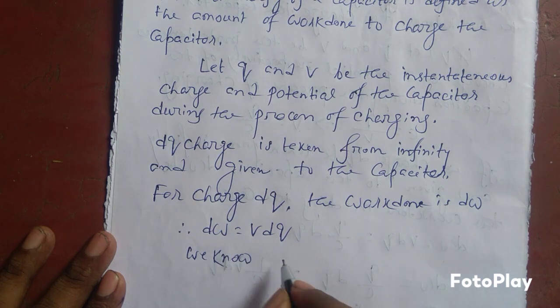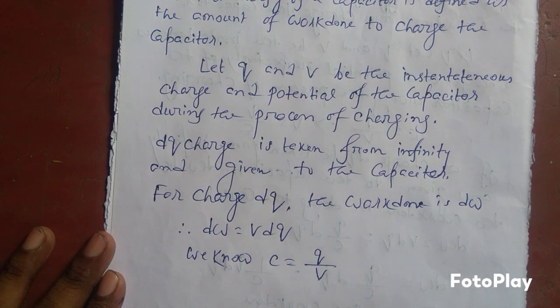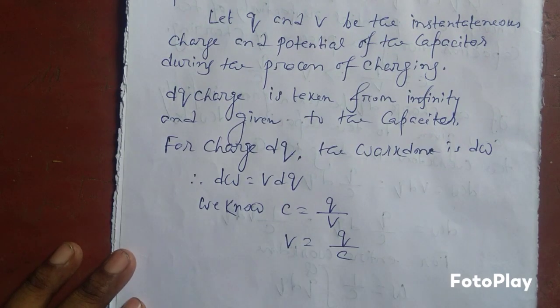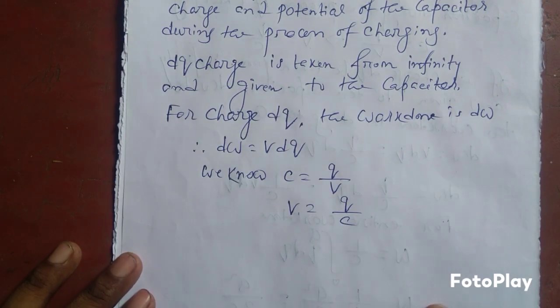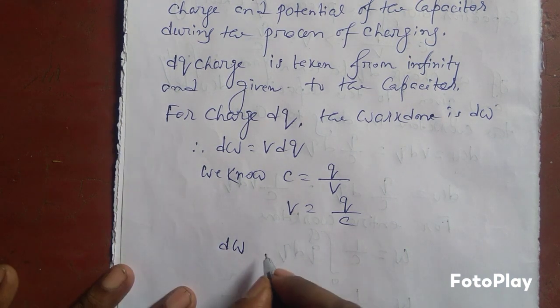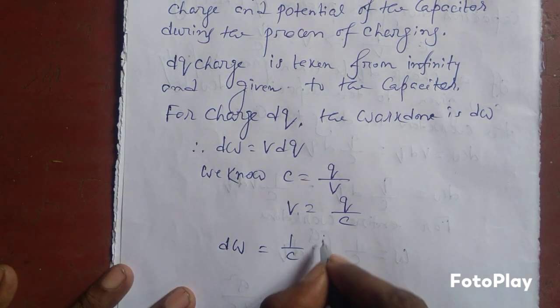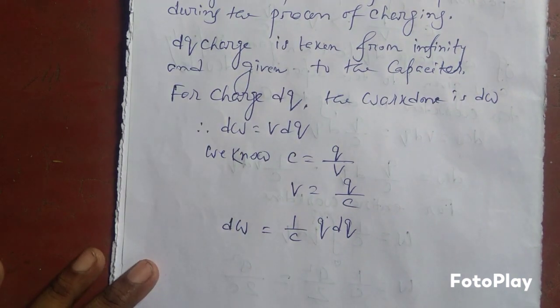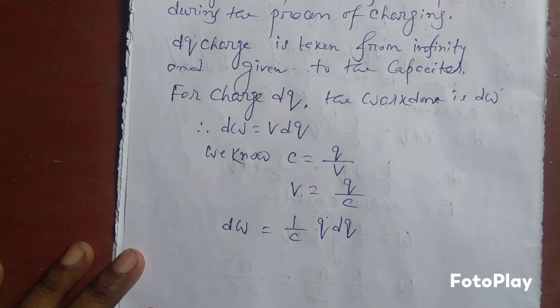We know that C equals Q by V, so V equals Q by C. Putting the value of this, dw equals 1 by C Q into dq. That is the work done.